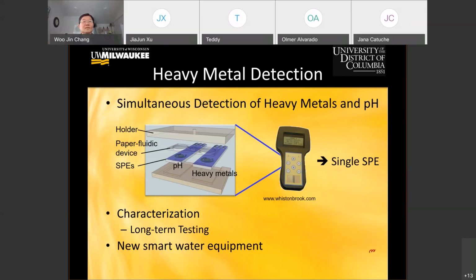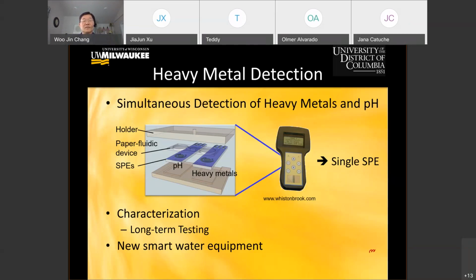Thank you. So the reason that I developed a pH sensor as well is this. The dissociation constants of the heavy metals change depending on the pH of the solution. So the pH measurement is essential to determine the concentration of the heavy metals inside the sample.